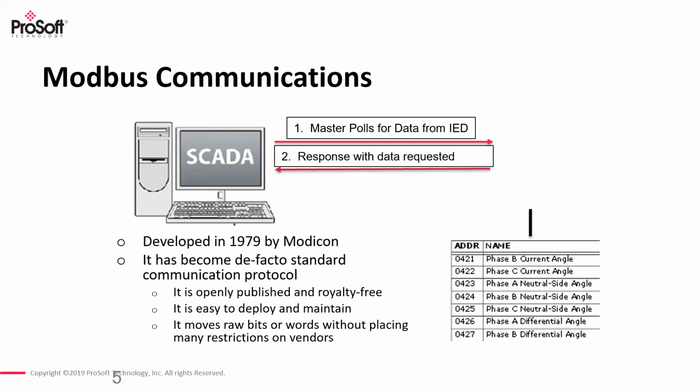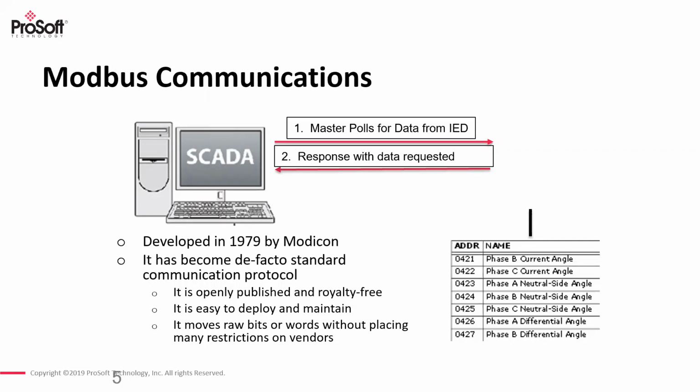For a long time, it was the de facto standard for most communication applications. Because it was a simple protocol, it was fairly easy for vendors to implement, and it was able to get the job done and move bits and words without placing too many restrictions on vendors.